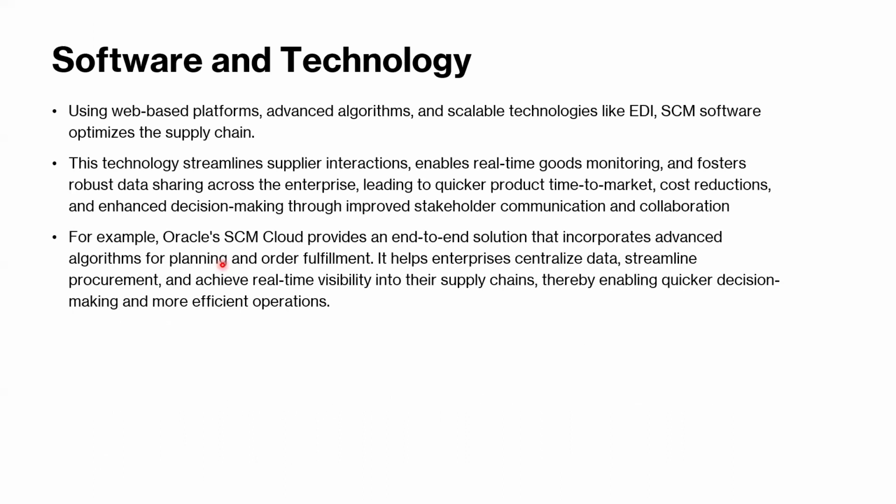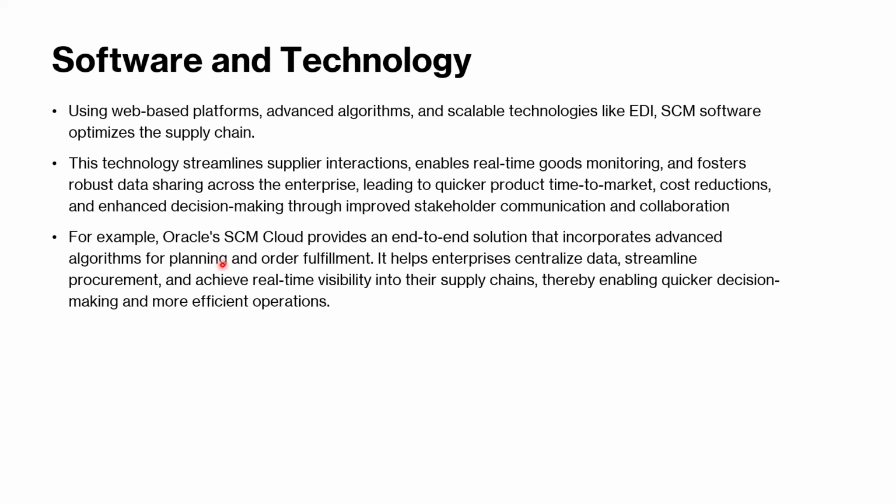Okay, so the next one is pretty straightforward, which is called software and technology. As I mentioned, data is very important, but there is also the role of technology, and it can be two parts, right? Software technology and hardware devices.